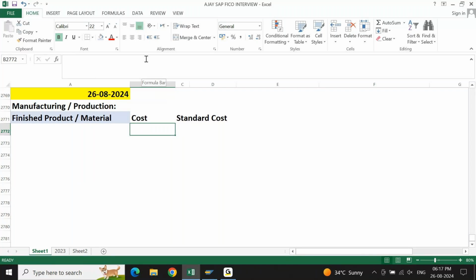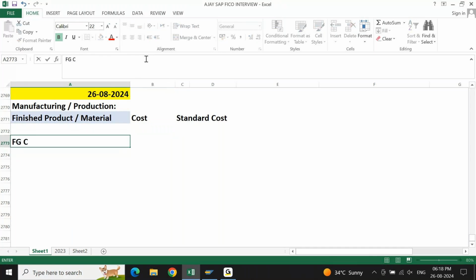Now the basic fundamental rule or law is: FG cost, or let's say finished material cost, is equal to RM cost plus conversion cost.